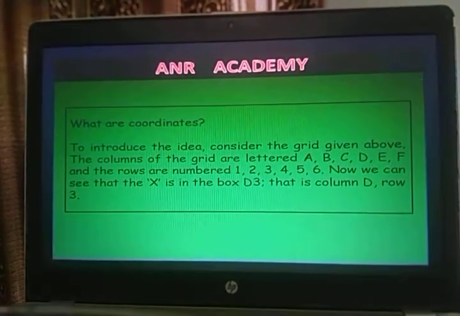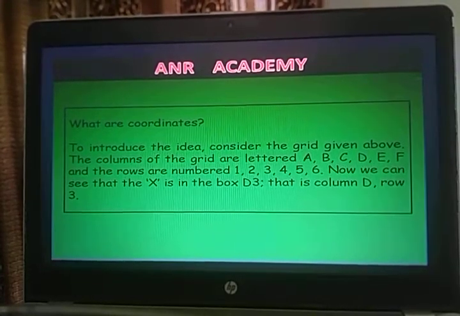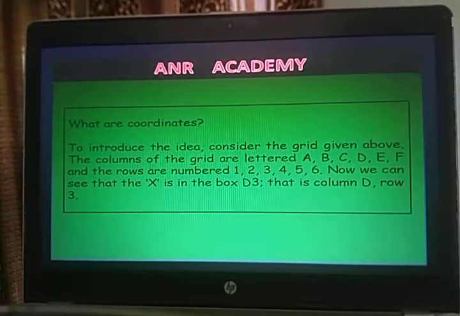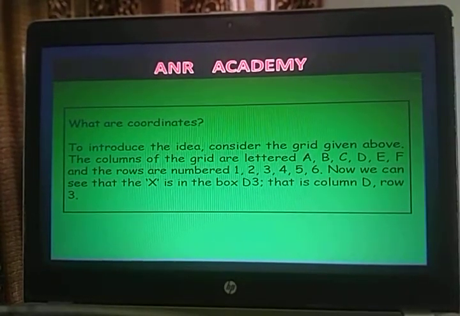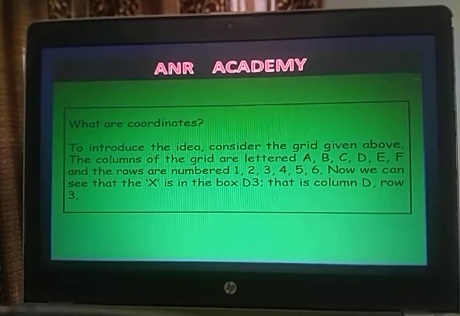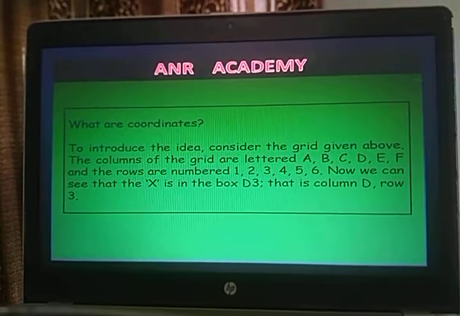Clear? Now we can see that X is in the box D3, that is column D and row 3.